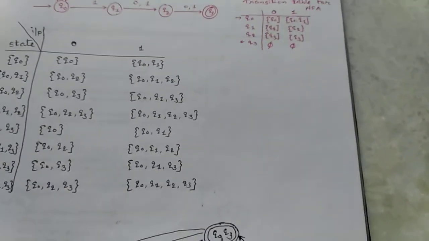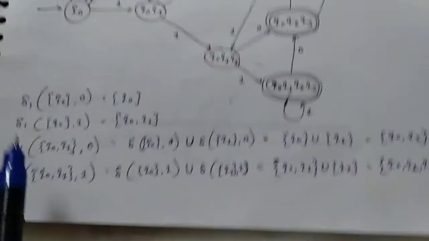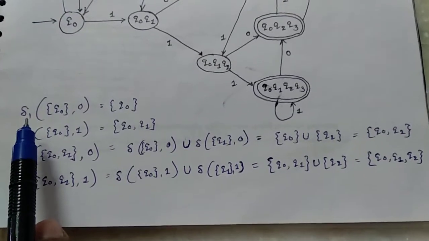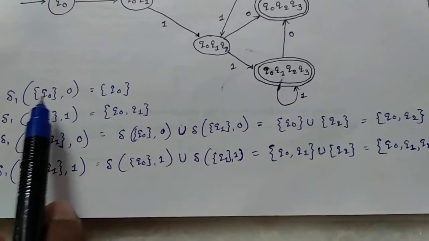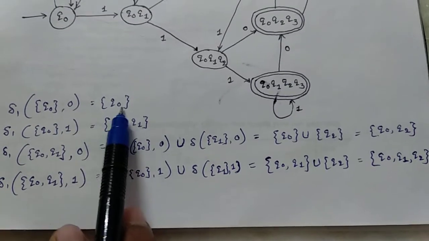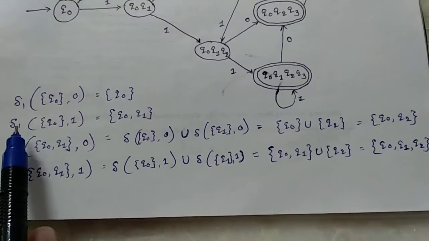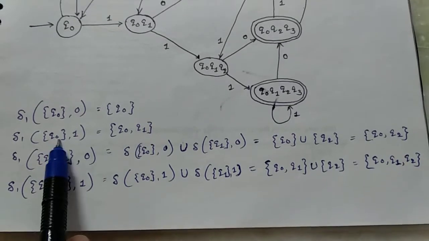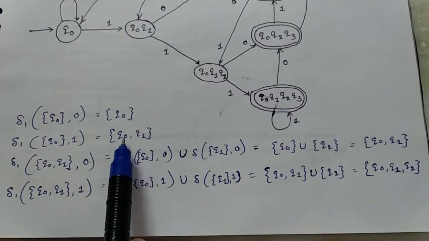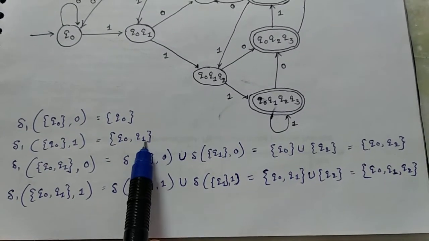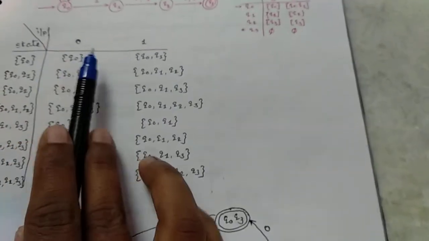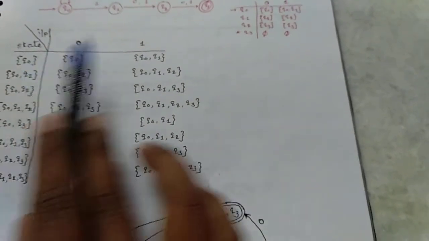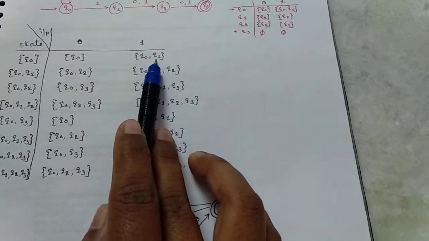This subset construction is written as transition function delta 1 of Q0 on 0 is equal to state Q0, and delta 1 of Q0 on 1 is Q0, Q1.